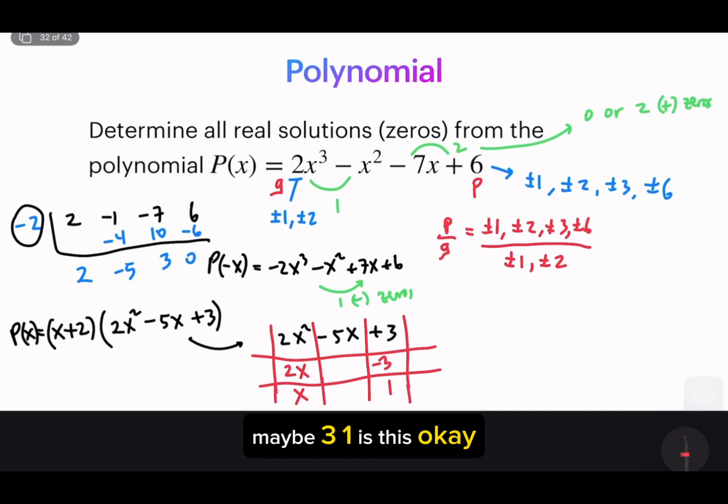Is this correct or no? Negative 1, negative 5.